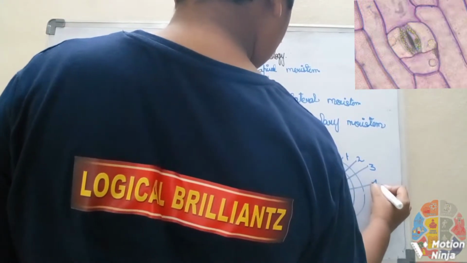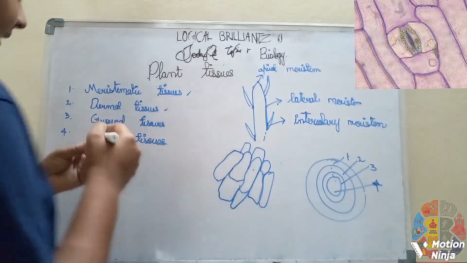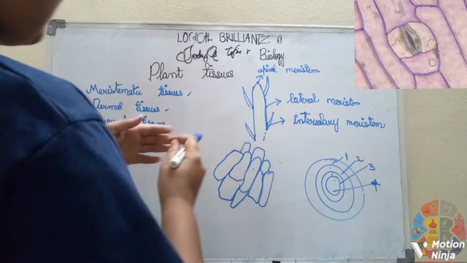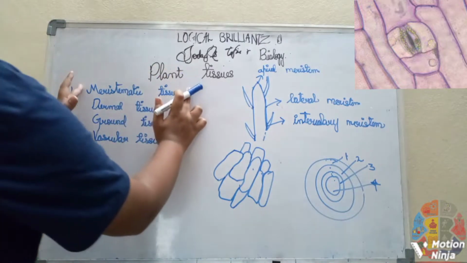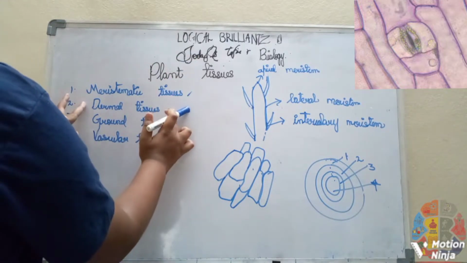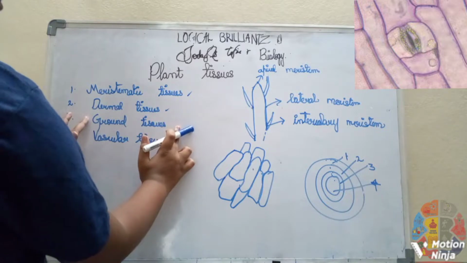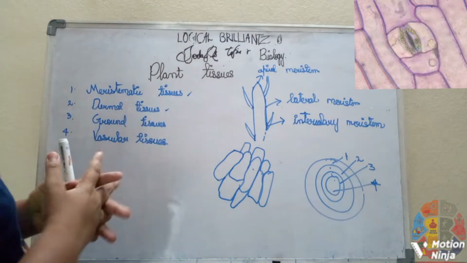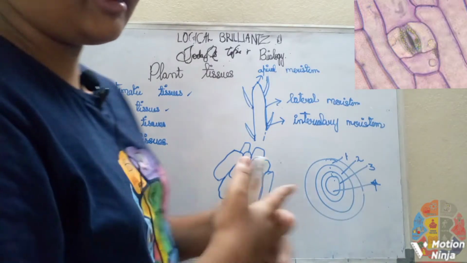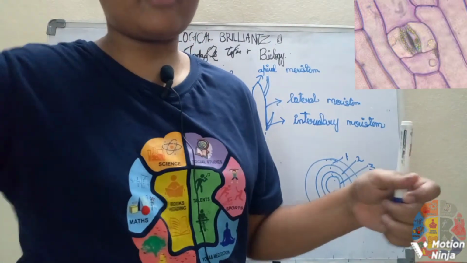These are the 4 layers. I have written them in an order. All these 4 tissues play a major role in the development and survivability of the plant.